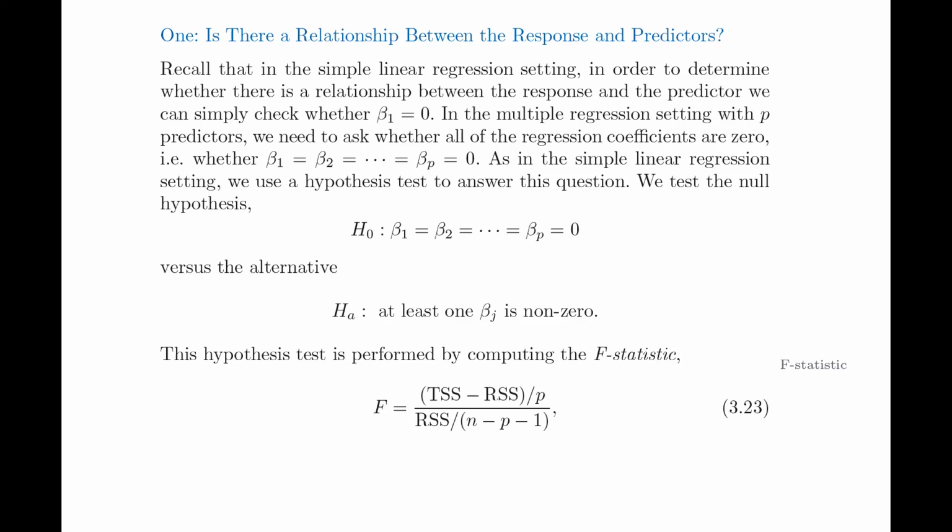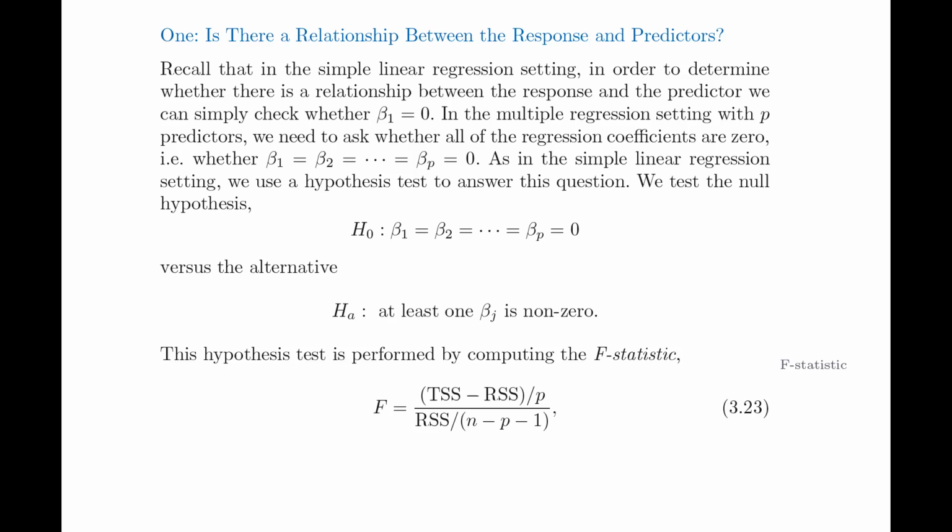Recall that in the simple linear regression setting, in order to determine whether there is a relationship between the response and the predictor, we can simply check whether the true value of beta 1 is 0. In the multiple regression setting with p predictors, we need to ask whether all of the regression coefficients are 0.